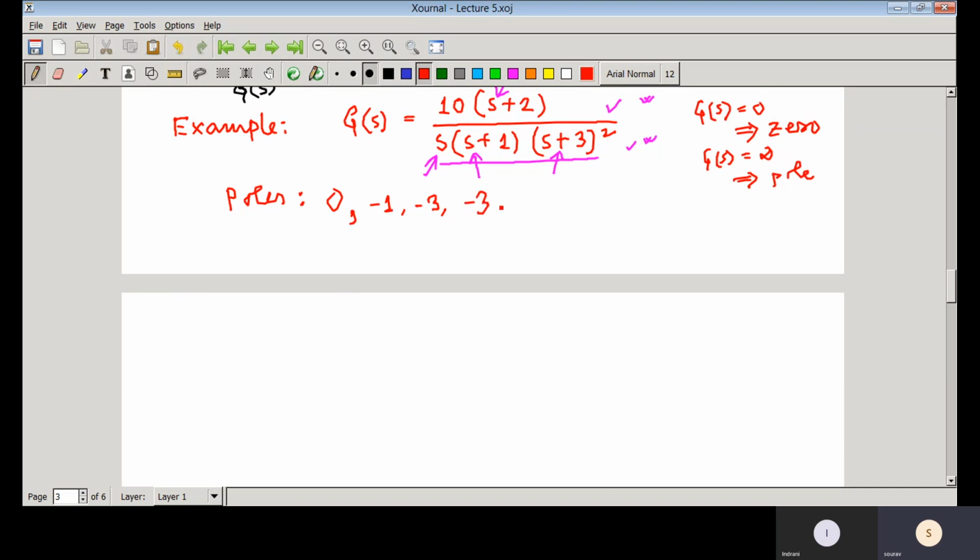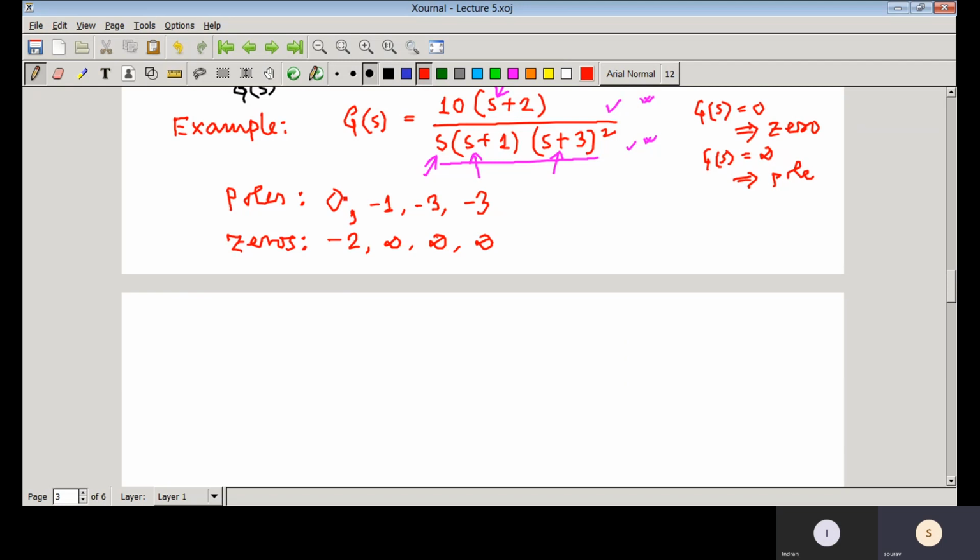So these poles are all the finite poles, and in case of zeros, you can see that 1 zero is at minus 2, so this is a finite zero, and other zeros are at infinity.